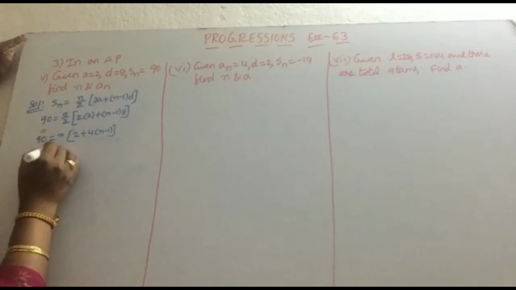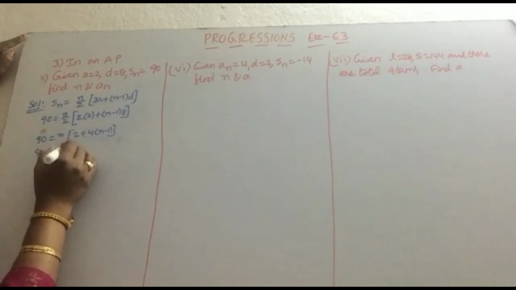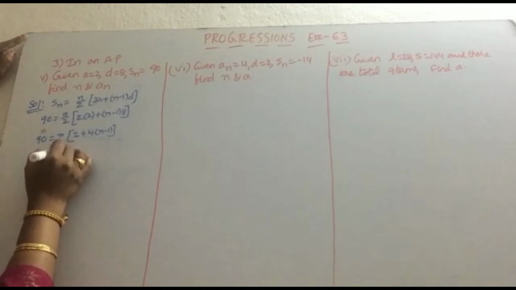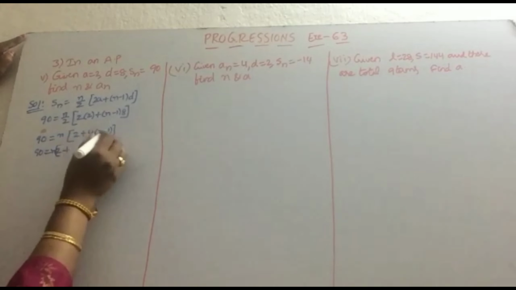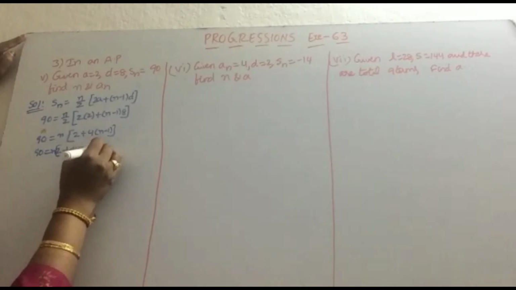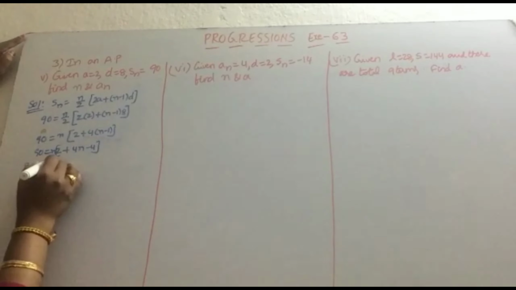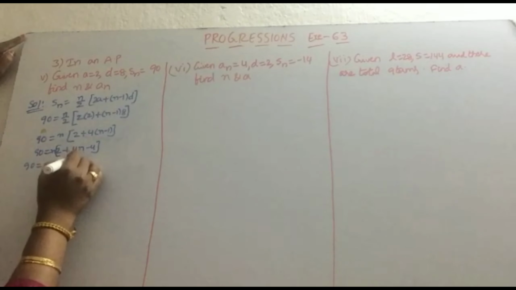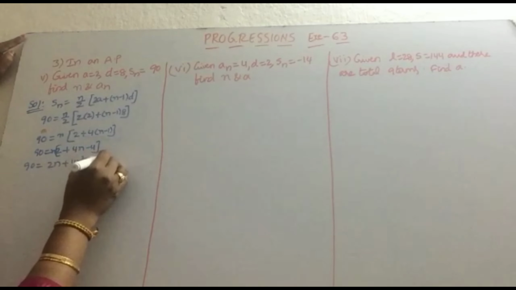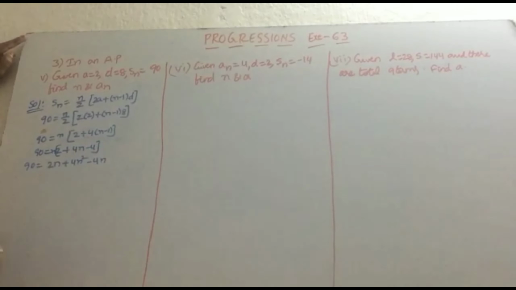So 90 equal to n into (2 plus 4n minus 4). So 90 equal to 2n plus 4n square minus 4n. Cancel both sides with 2.